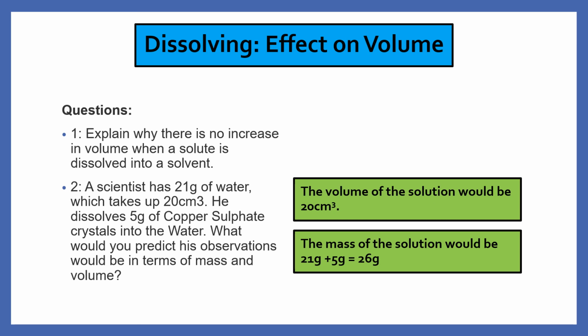So the volume that we've got in the question is 20 centimeters cubed. We'll assume it doesn't saturate the solution. So the volume of the solution is going to be the same as the volume of the solvent. The mass then, so mass is conserved. We have calculated that there is 21 grams of water and 5 grams of copper sulfate. We would add those two things together to make 26 grams of the solution.